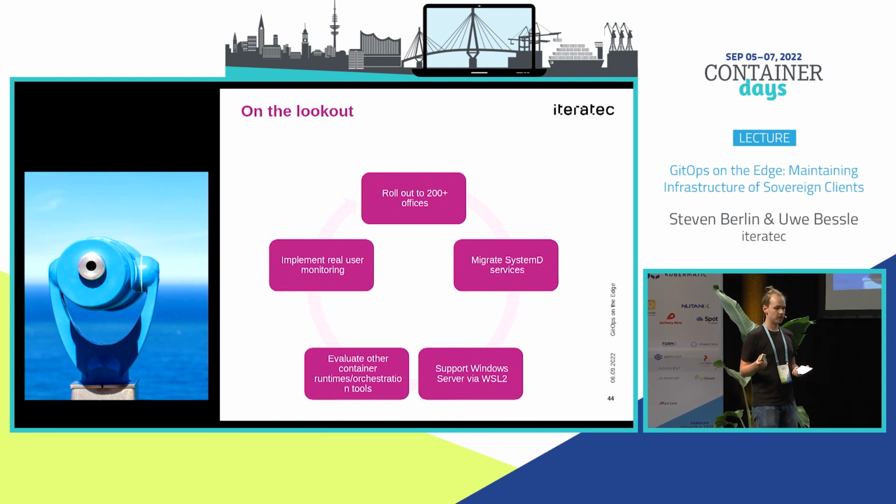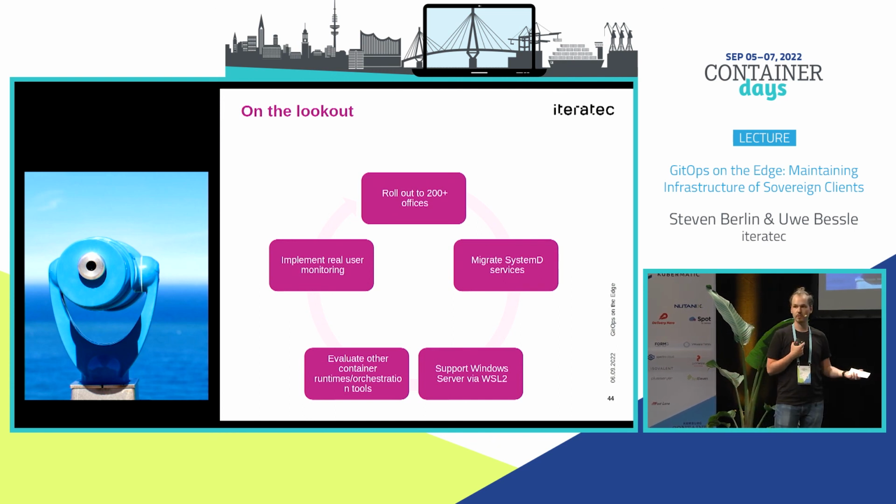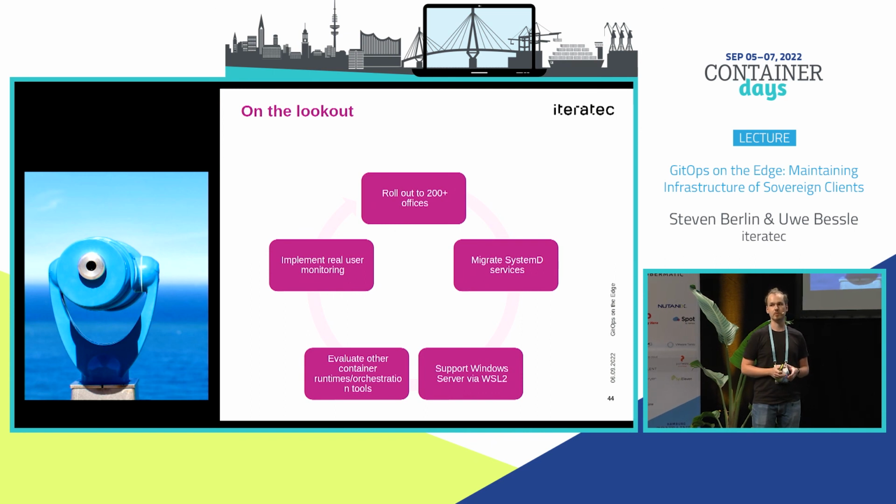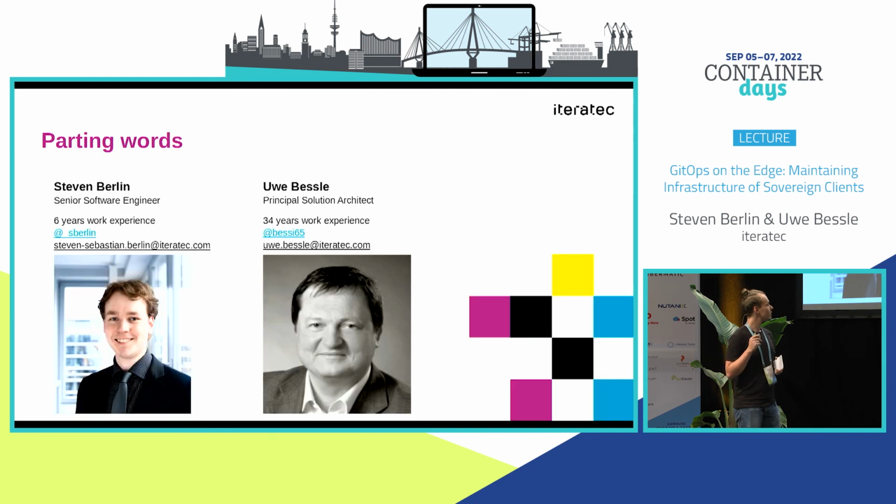And to me, very important is to evaluate the architecture we have implemented here, because maybe there are solutions that can include Kubernetes in a very lightweight way, so we have not a bottleneck for our ops teams. And in the end, as a very extended thing, we want to implement real user monitoring, which Prometheus will help us with. Okay, that's about it.